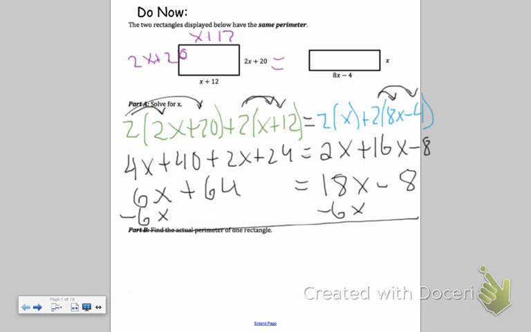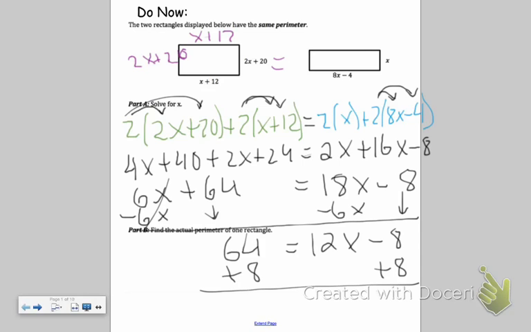So 6x minus 6x gives us 0, so we're going to bring down what we have left on the left, which is 64. 18x minus 6x gives us 12x, and we're going to bring down the constant that we have on the right. All right, so now that our variable is on the left, we're going to bring our constant to the opposite side by adding 8.